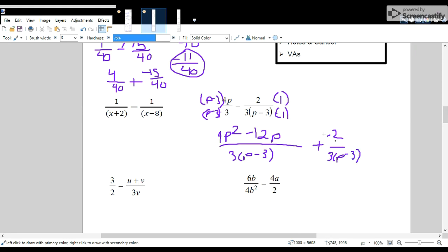And so your answer would just be 4p squared minus 12p minus 2 all over 3p minus 3. And you would have one vertical asymptote at p equals 3.